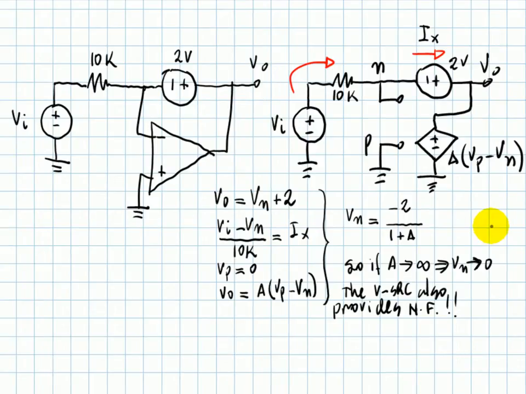This next question is about op-amps. The question is, negative feedback happens when we have a passive element between the output and the inverting input. Yes, that's correct. But the question is, are those the only elements that provide negative feedback, that is, passive elements, resistors, inductors, and capacitors?